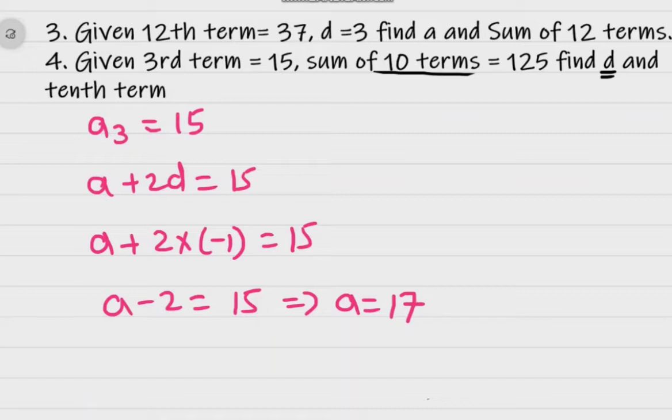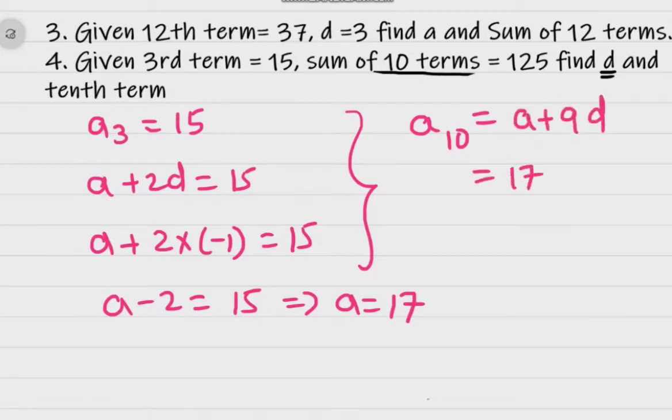Once you got the value of A equal to 17, now easily you can calculate the value of the 10th term. A10 will be equal to how much? A plus 9D. So your A is 17 plus 9 into D is minus 1. Isn't it?